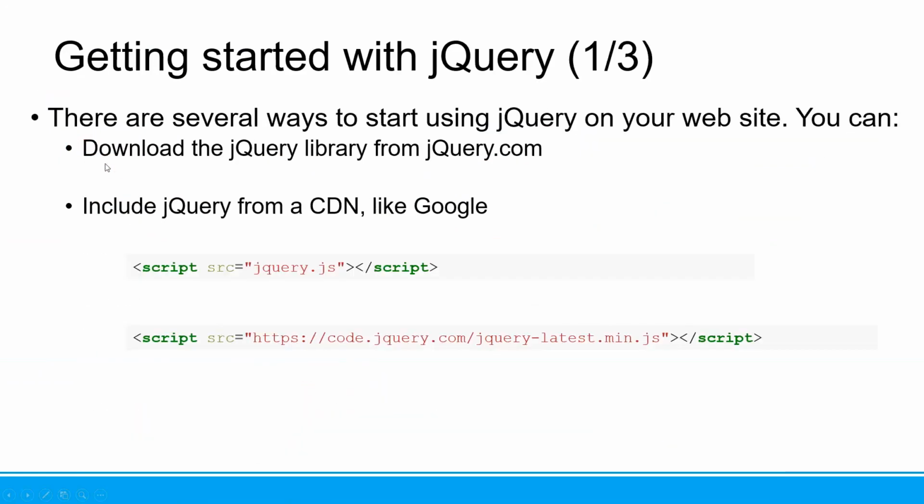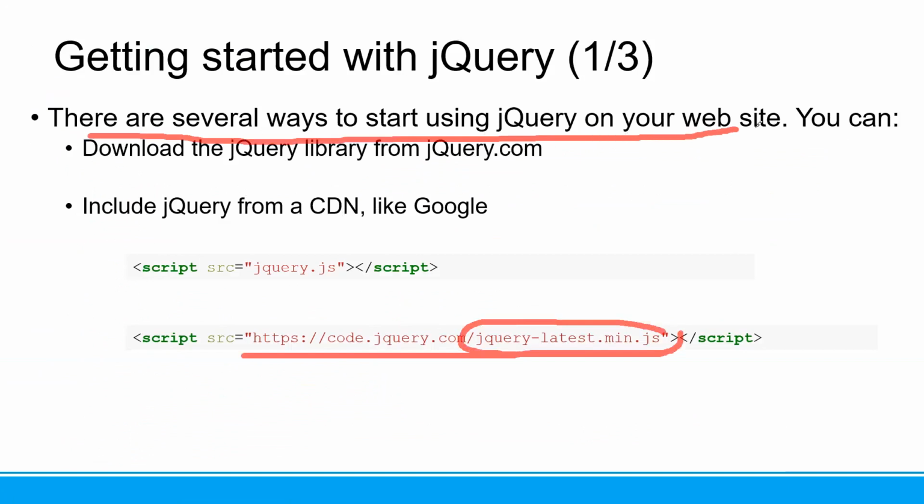So for jQuery, I think you have learned it in many of the CDN. Okay. So you use the code like jquery and something .js. But the other way, there are several ways to start with jQuery on your website. So you can download the jQuery library.